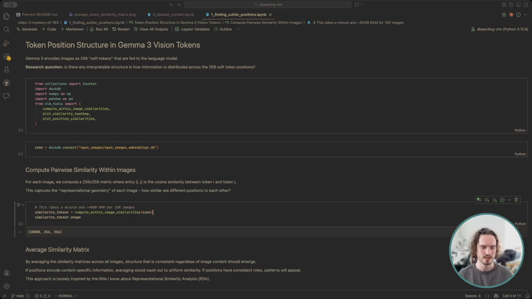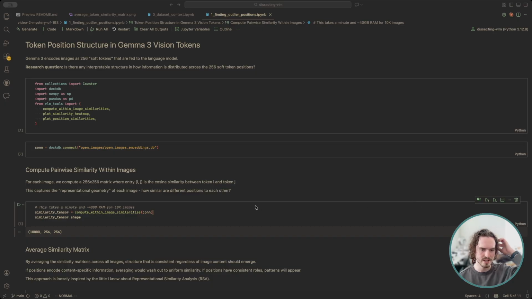I want to know how similar the vector in slot 0 is to slot 1, and to slot 2, and so on. That gives us a 256 by 256 similarity matrix, and I used cosine similarity there. That tells us how similar the different slots are to each other.